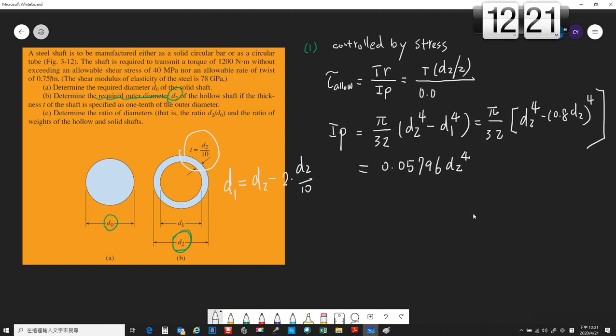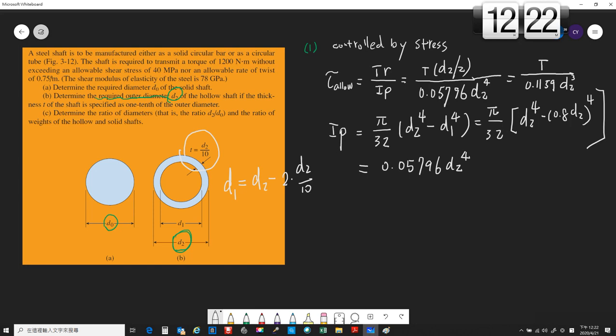So put it in here and you can get the torsion here, and 0.1159 D2 cubed is the relationship between tau allowable and the torsion.